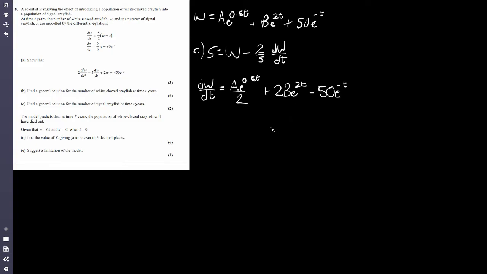So, plugging all this together now, and we've got W, this is this, so therefore, S is going to be equal to, hopefully I've got enough room here, in fact I want to do it just down here.